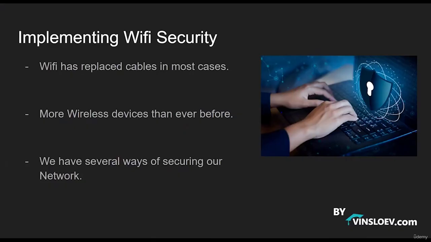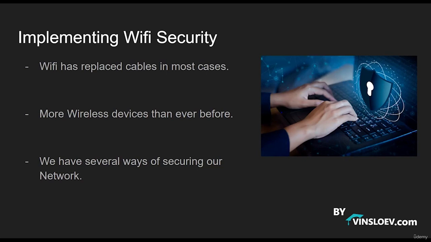So, Wi-Fi security, and why it is important to implement it and be aware of how you secure Wi-Fi. Basically, Wi-Fi has replaced cables in most cases. Before, when Wi-Fi wasn't that popular, almost every device and computer was connected to the internet through cables.